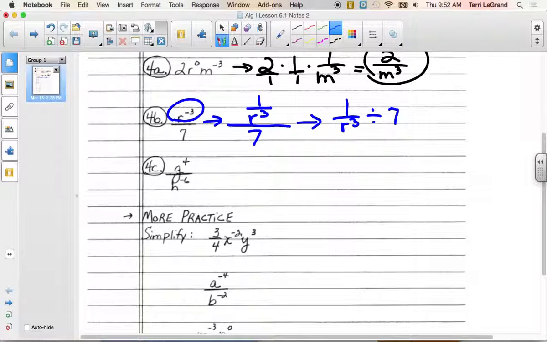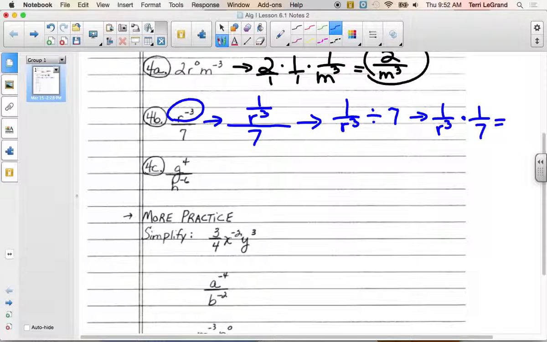Now when you get a fraction involved and you're trying to divide, it's really handy to change it to multiply by the reciprocal. The first factor does not get changed. But we change the division to multiplication, and 7 changes to its reciprocal, 1/7.